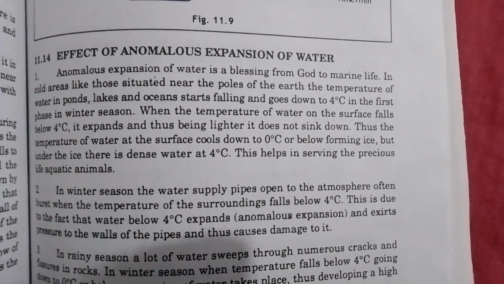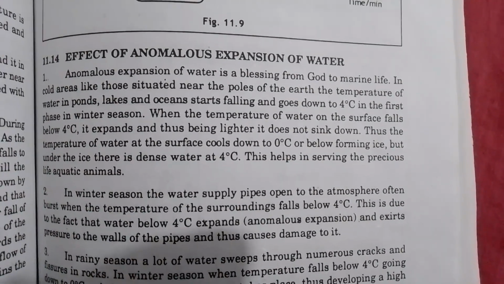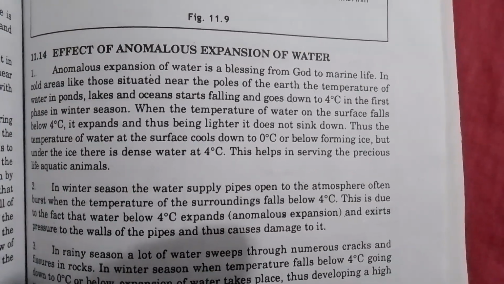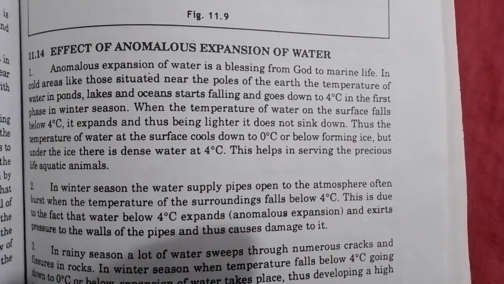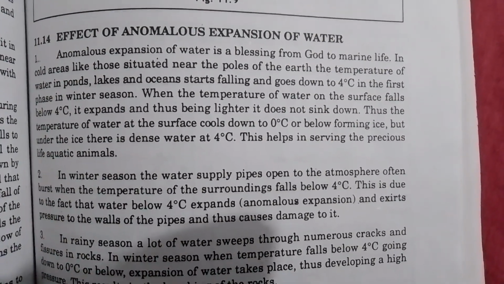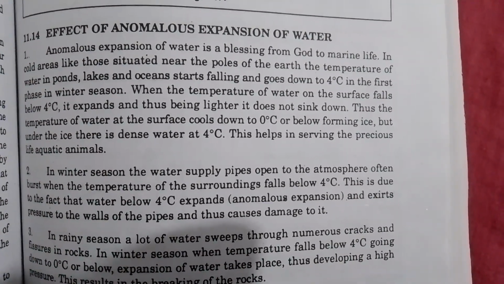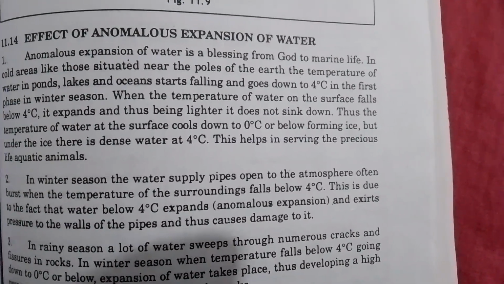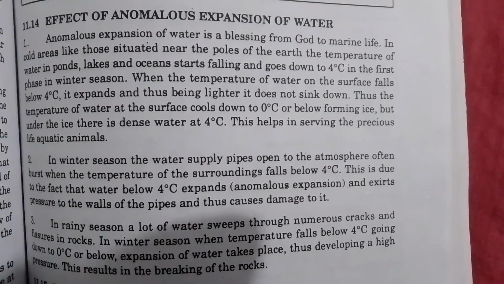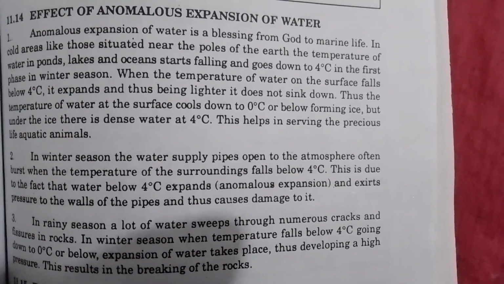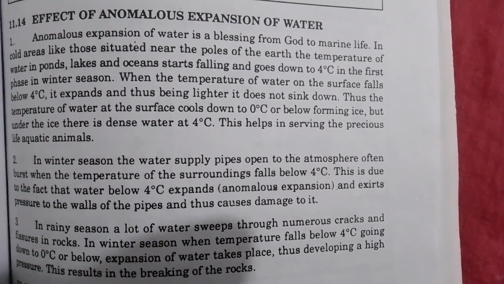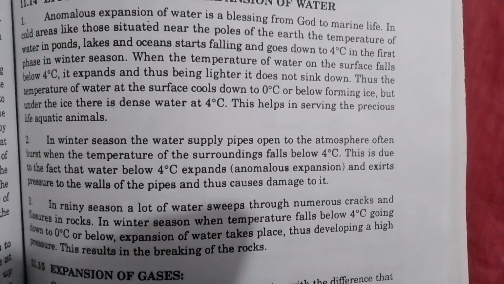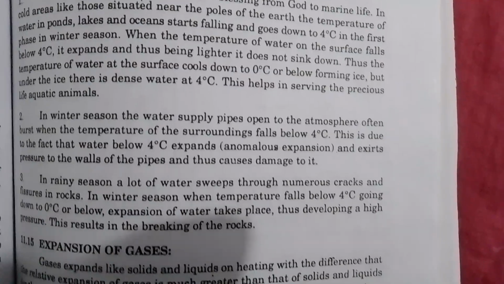When the temperature of water on the surface falls below 4 degrees, it expands and thus being lighter, it does not sink down. Thus, the temperature of water at the surface cools down to 0 degrees or below, forming ice. But under the ice, there is dense water at 4 degrees. This helps in saving the precious life of aquatic animals.